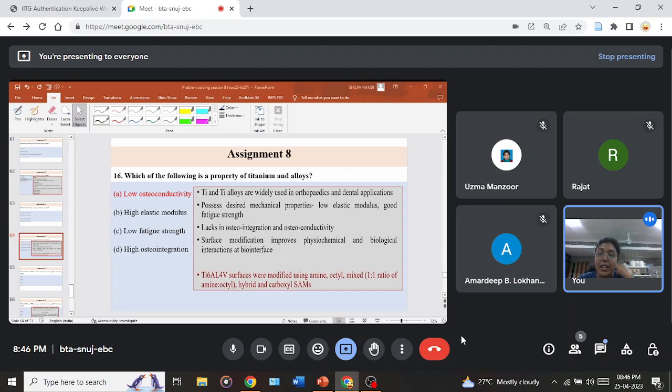Then we have the lack of osteointegration and osteoconductivity. So this should actually be low osteointegration and low osteoconductivity. It shouldn't be high osteointegration, right? The only option which was correct, and is a property of titanium and alloys among all these four, was low osteoconductivity.